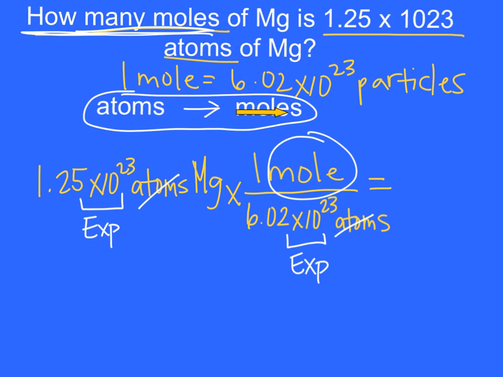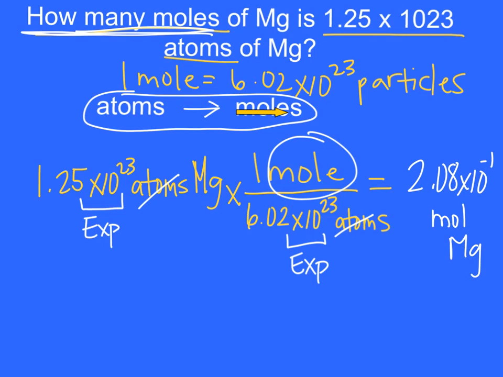and if you do it correctly, you should get 2.08 times 10 to the negative 1, and then don't forget your units, moles of magnesium.